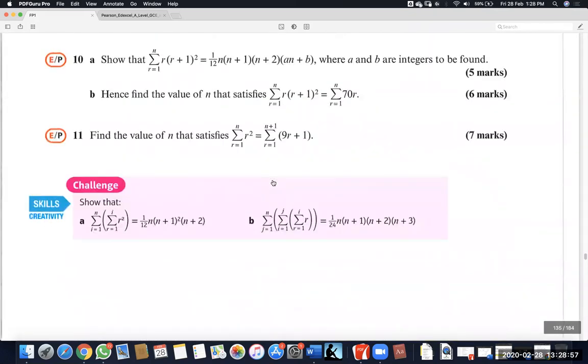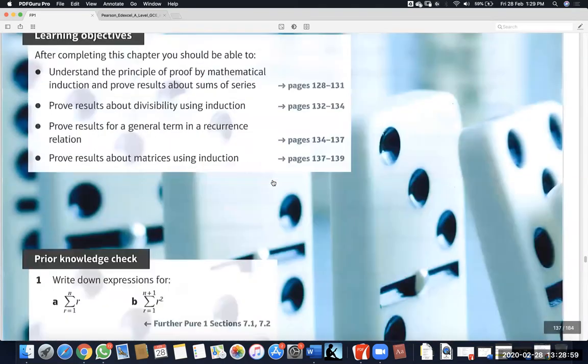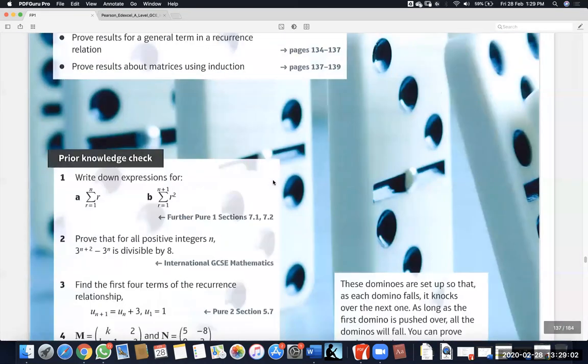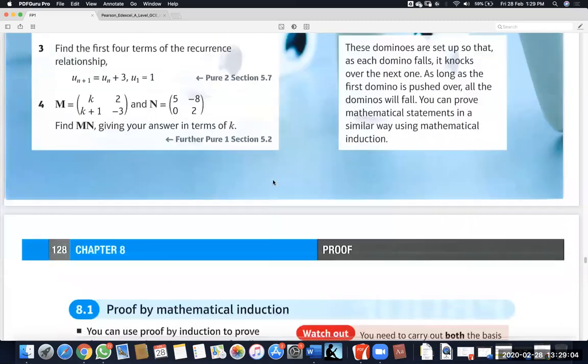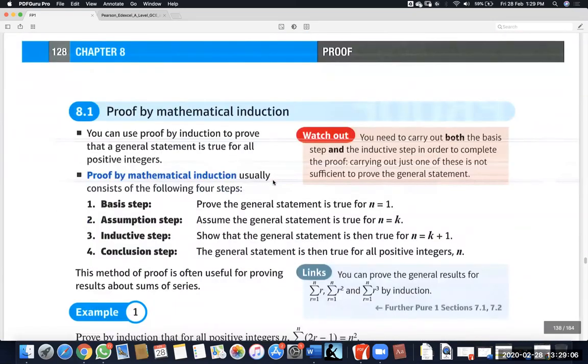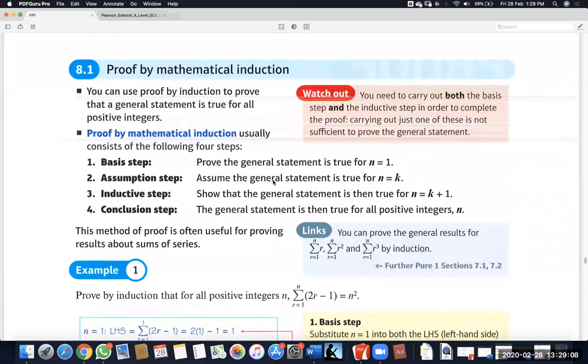For the last chapter, you really need to do some exercise and practice because it asks you to prove something. We call it mathematical induction. This is the most useful tool in mathematics to prove some formula.